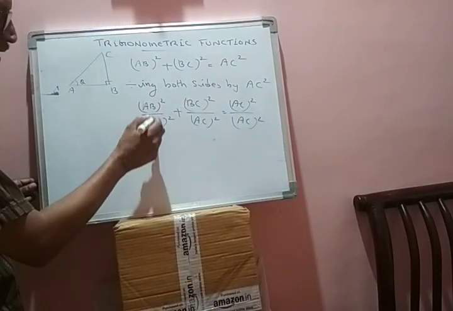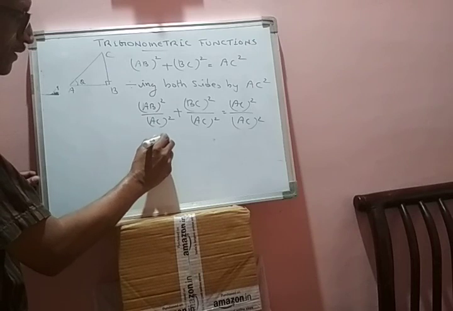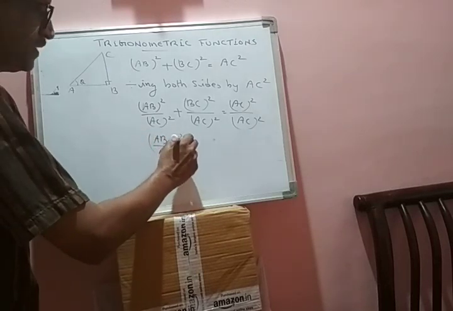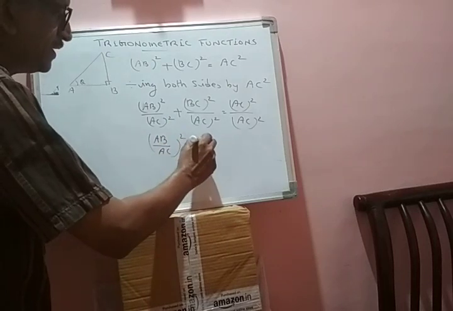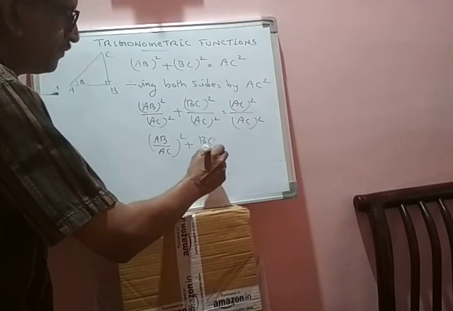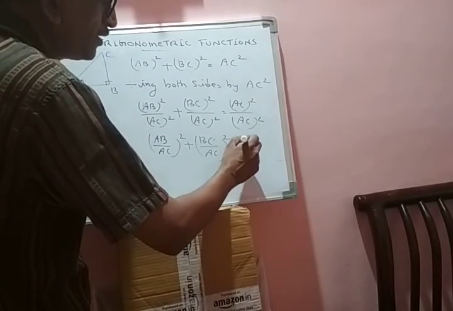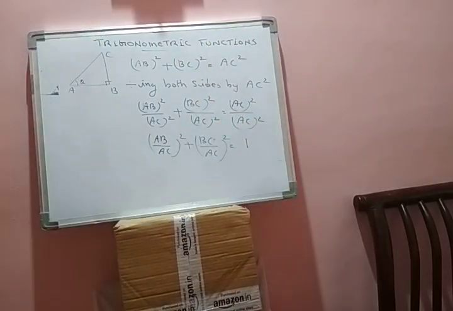This is AB by AC whole square, plus BC by AC whole square, is equal to, AC squared got cancelled, answer 1.